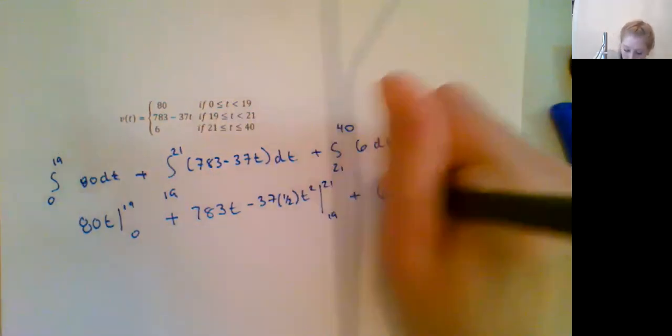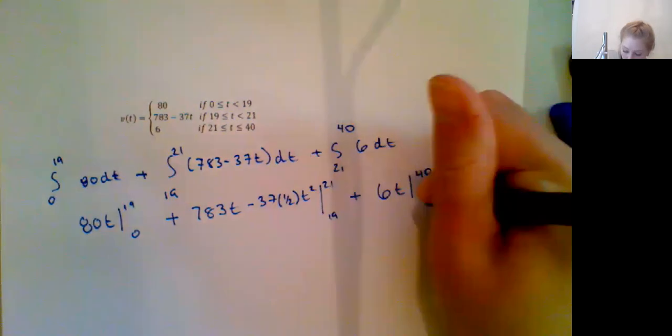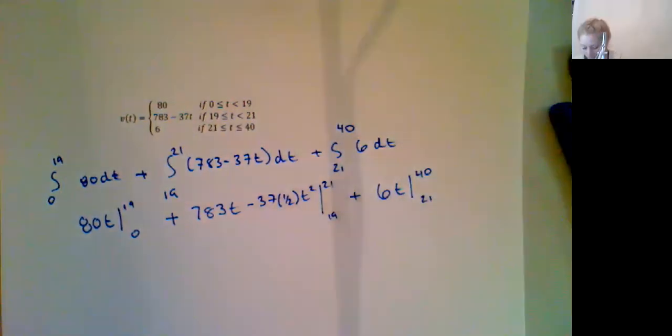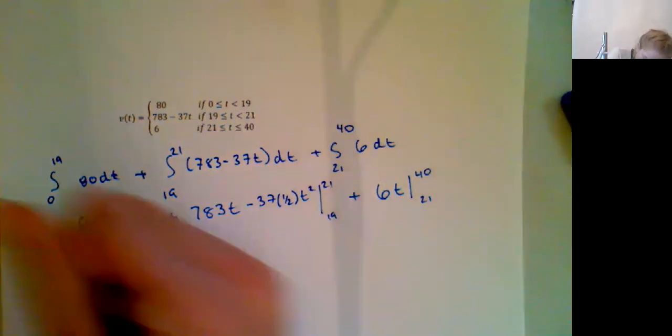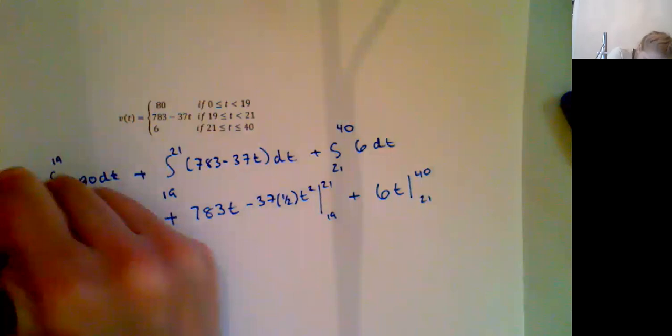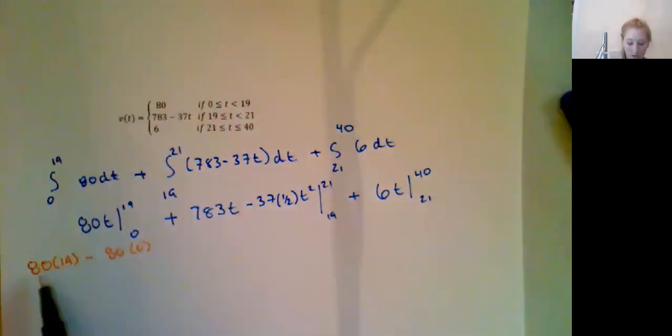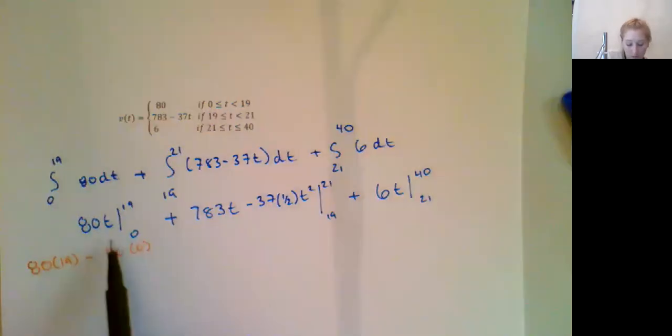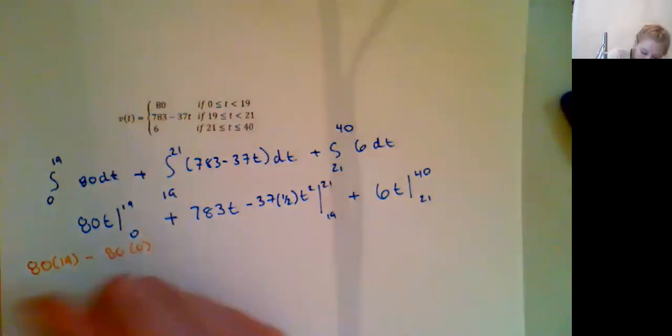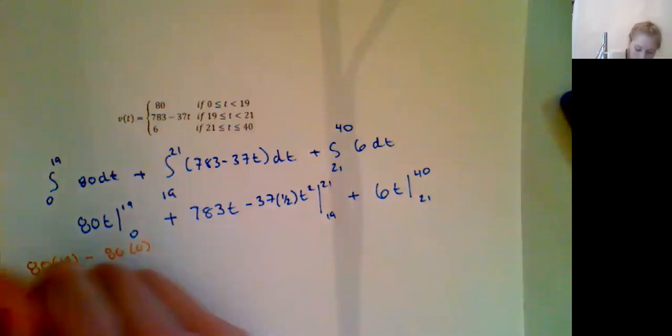And then this is going to be 6t, and we're evaluating that at 40 and 21. Okay, so let's plug all this in. Okay, so 80 times 19 minus 80 times 0 is going to be 1520.